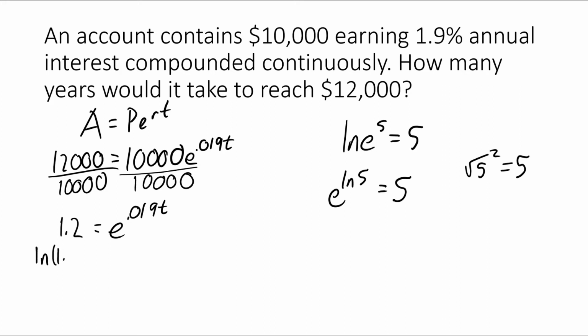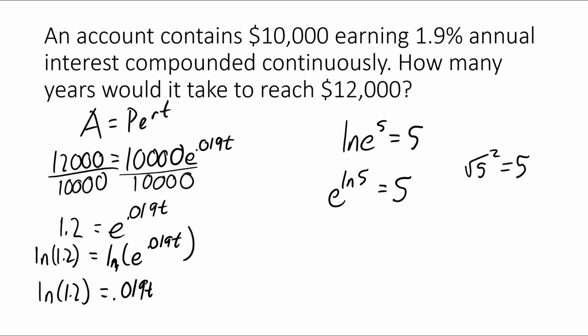Natural log of 1.2 equals natural log of e to the 0.019t. That gives us natural log of 1.2 equals 0.019t. Now all we have to do is divide by 0.019, and then we'll have t.